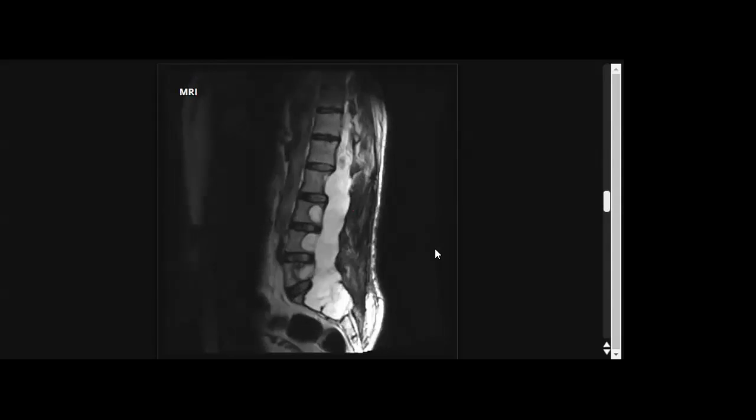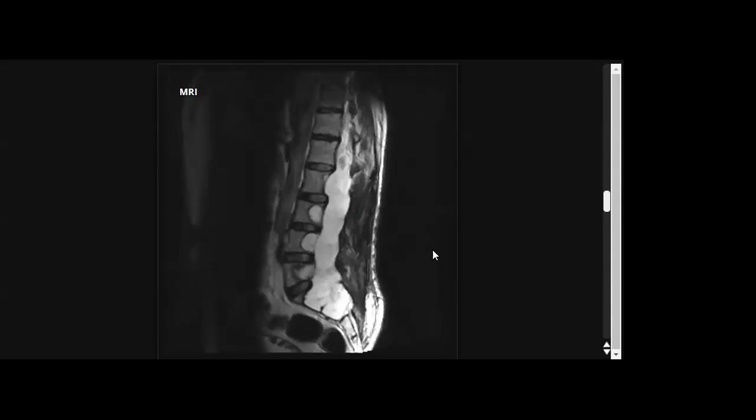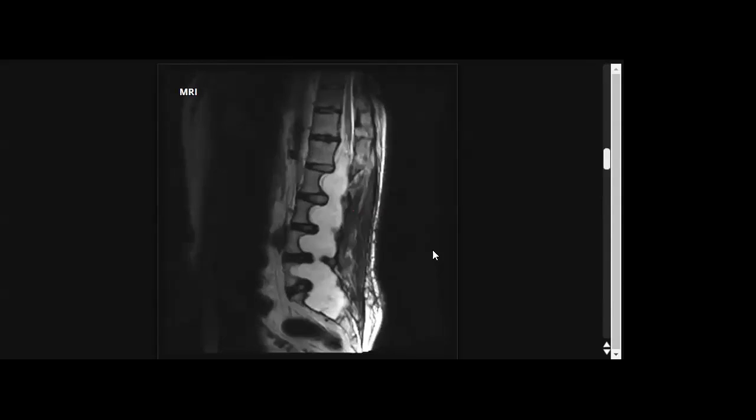So there is dural ectasia with posterior scalloping of the lower lumbar and upper sacral vertebrae. I'm checking if there are any intradural masses.